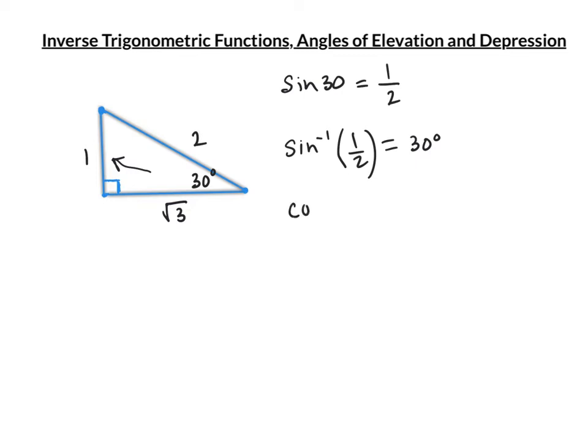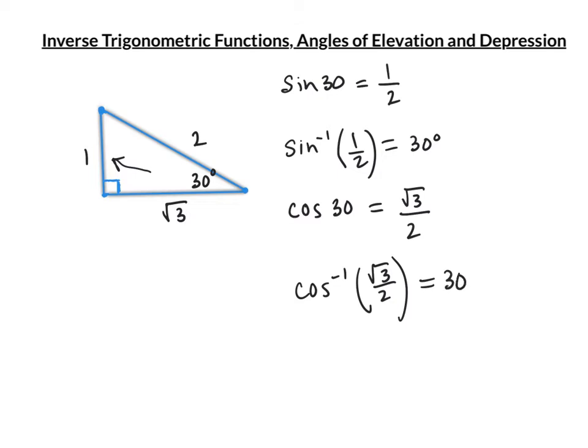The cosine of 30 degrees is adjacent over hypotenuse. That would be √3 over 2. And the inverse cosine of √3 over 2, that's some decimal, would give you 30 degrees.